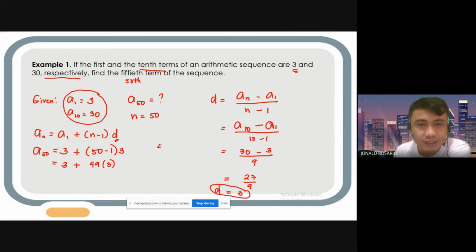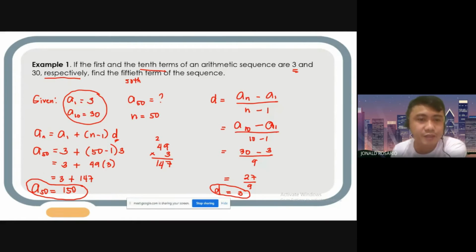What is 49 times 3? 3 times 9 is 27. 3 times 4 is 12, plus 2, that's 14. So you have 3 plus 147, which is 150. So we have solved that our a sub 50 is 150.